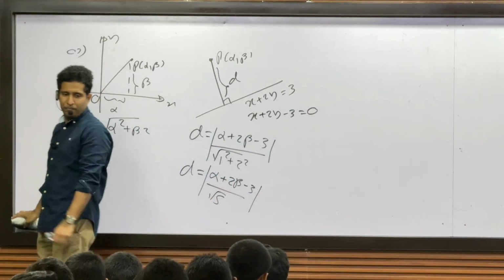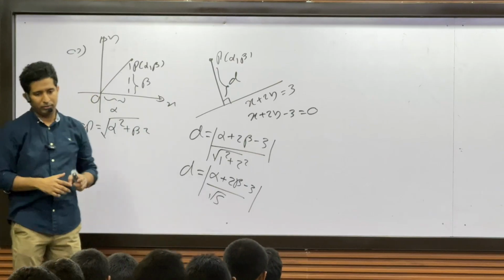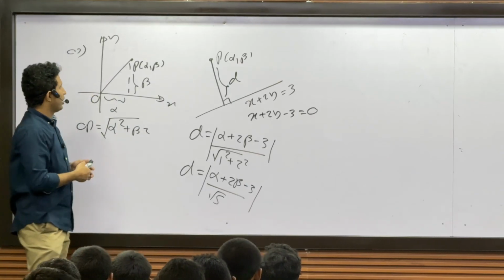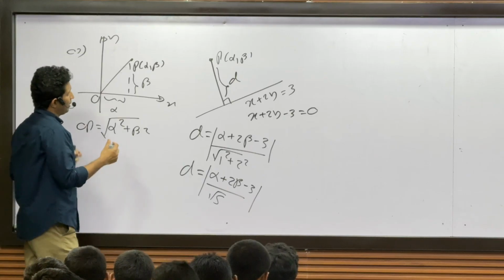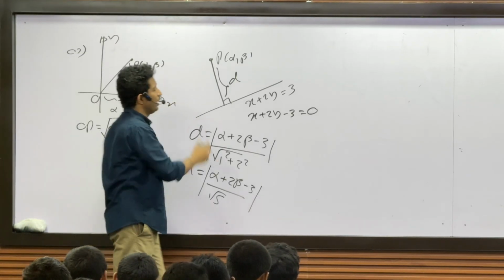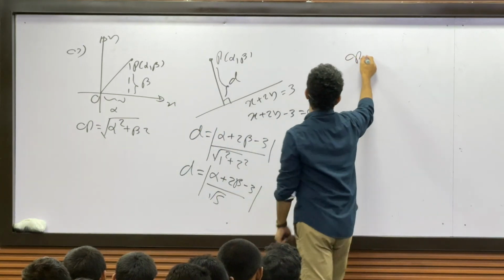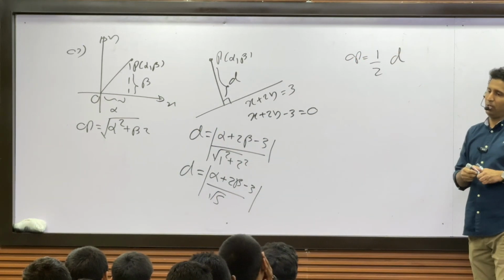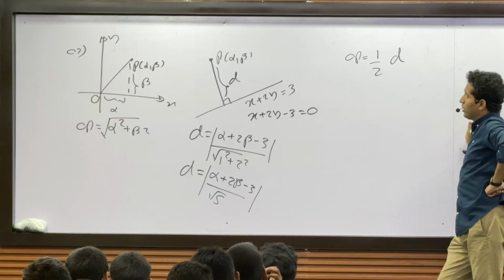If p moves so that the distance from p to the origin is half the distance from p to this line, that is OP equals half times d.